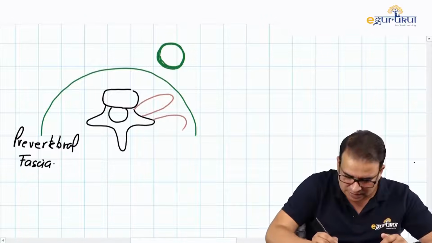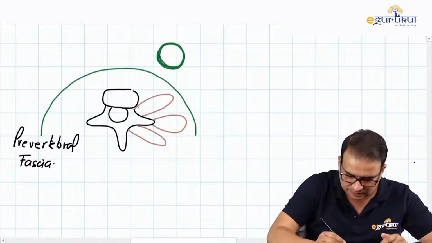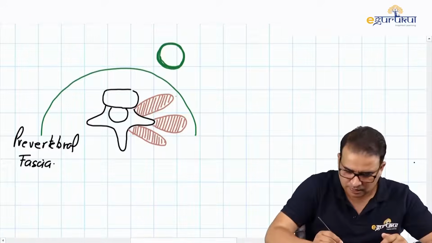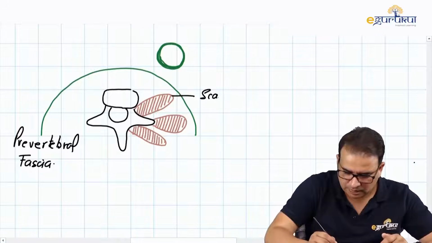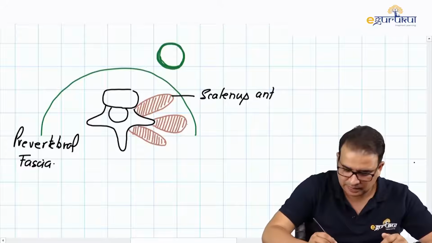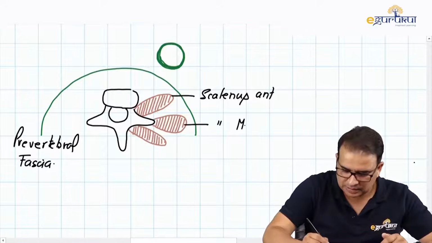We've got a scalenus medius here, and this is the scalenus posterior. We've got scalenus anterior, that's scalenus medius, and that's posterior.